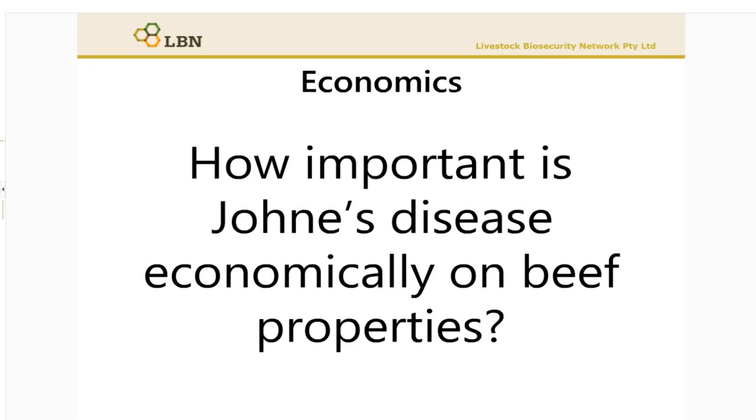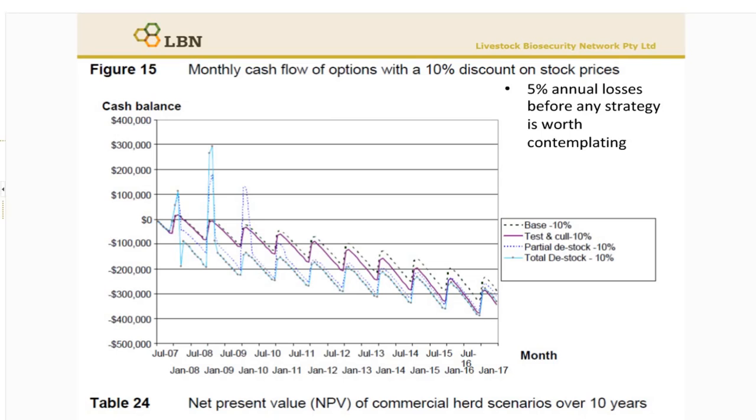The first slide is showing you the net present value with a 10% discount on stock prices. This work was done by John Webber and the McKinnon Project at the University of Melbourne. John mapped out a 10-year forward forecast looking at a 10% discount depending on what control program you put in place on your infected property, whether it be base, test and cull, partial destock or total destock.